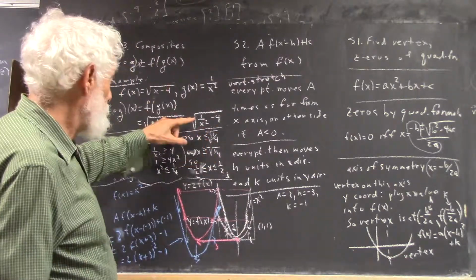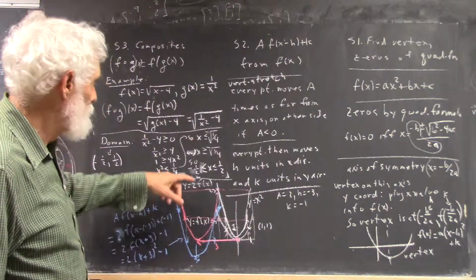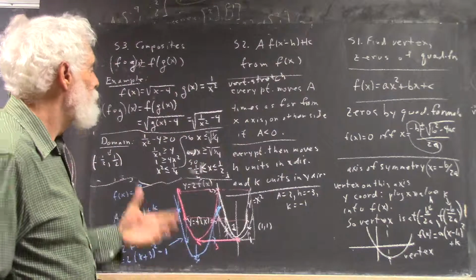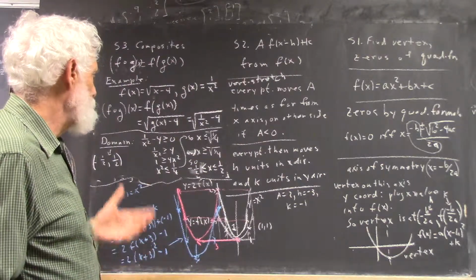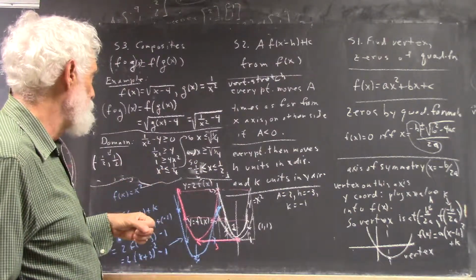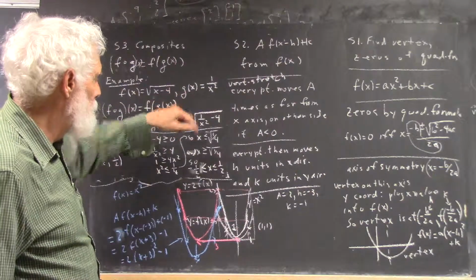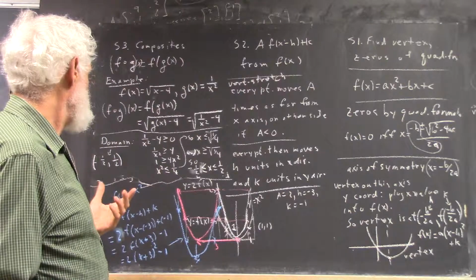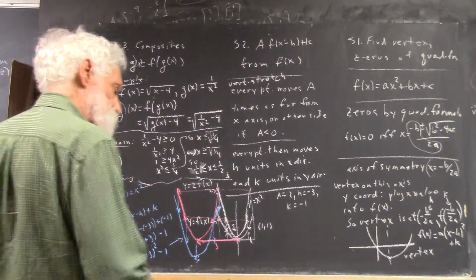So x can't be 0, and x has to be greater than or equal to negative 1/2 and less than or equal to 1/2. Now, if x is equal to 1/2, then 1 over x squared is 4, so 1/2 is legal.